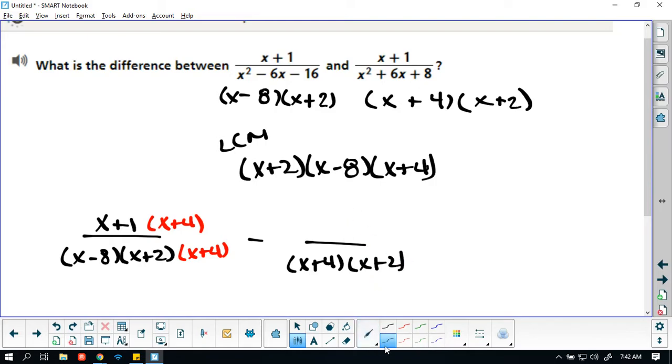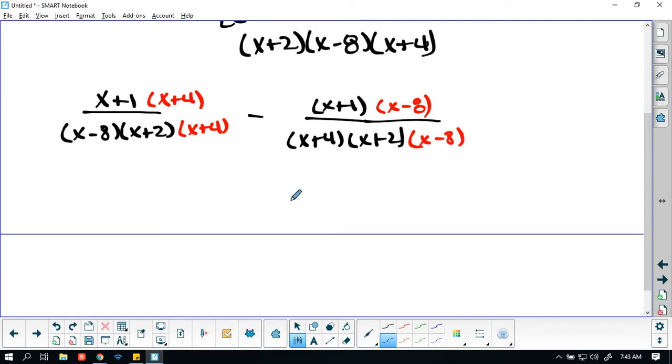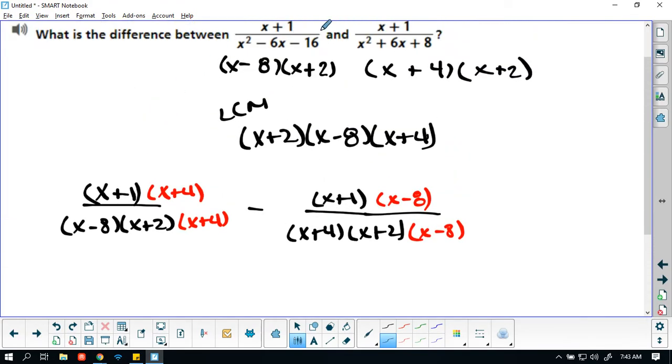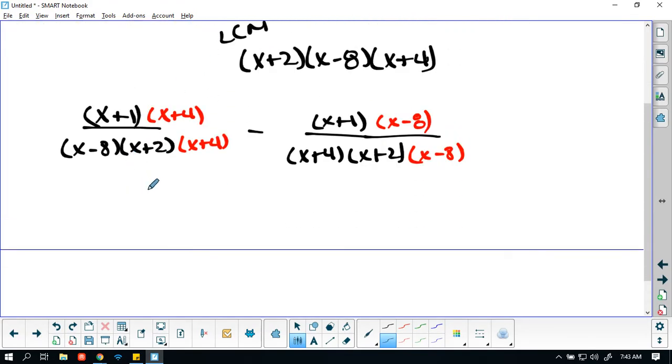So this one's missing the x minus 8 factor. And we're looking at x plus 1. All righty. Trying to make sure that they're both x plus 1 in the numerator. Now I have a common denominator.